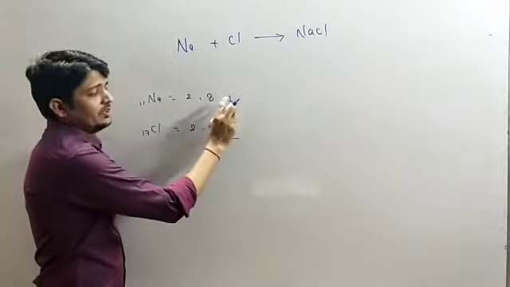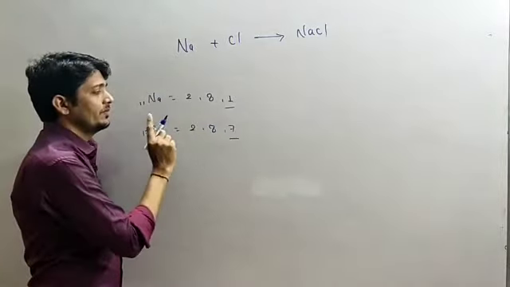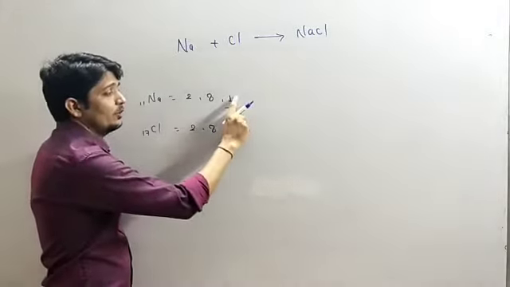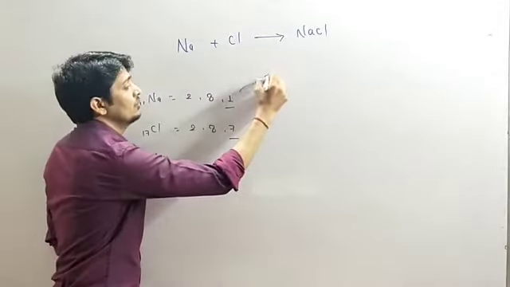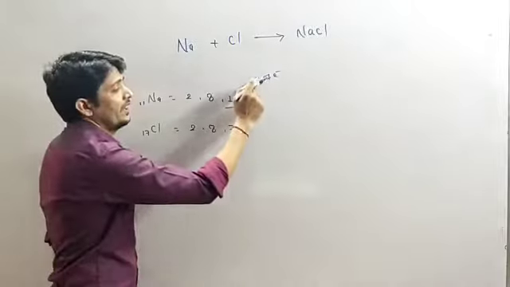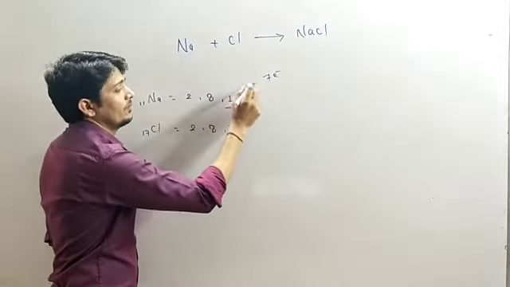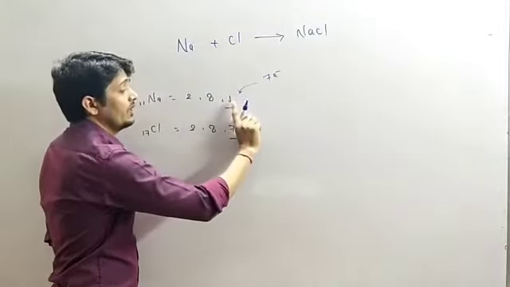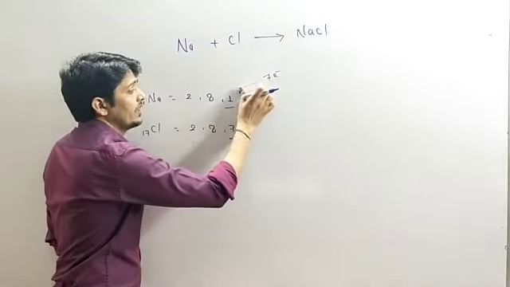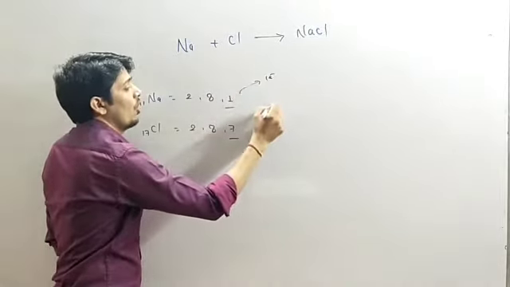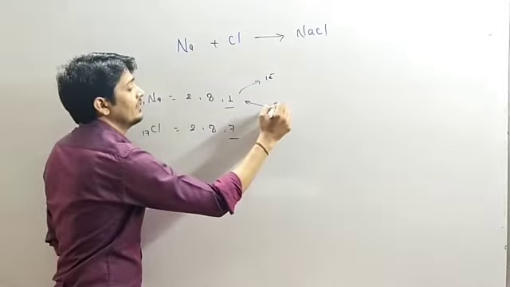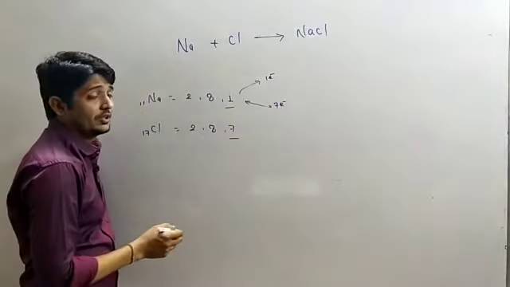So sodium may lose 1 electron easily, or may gain 7 electrons.